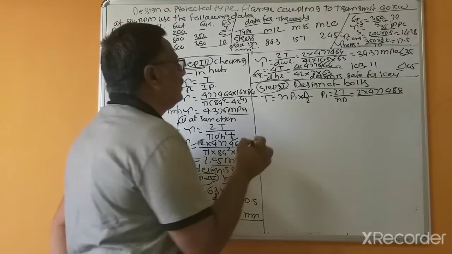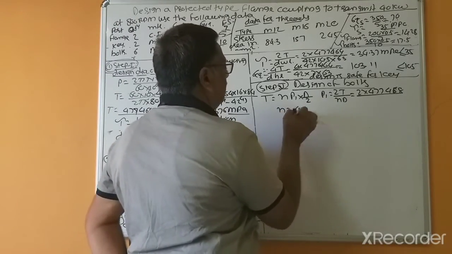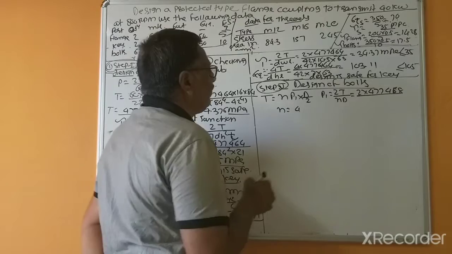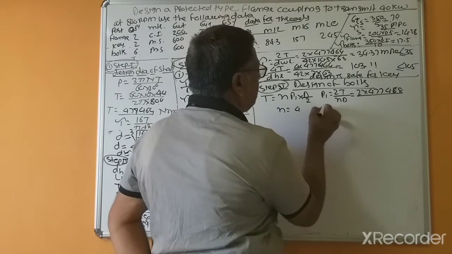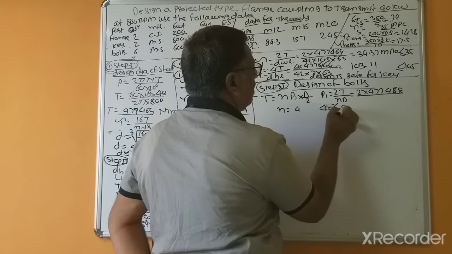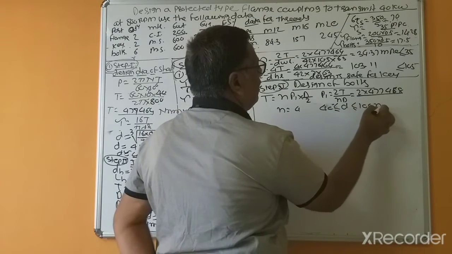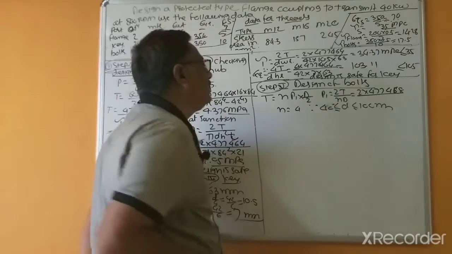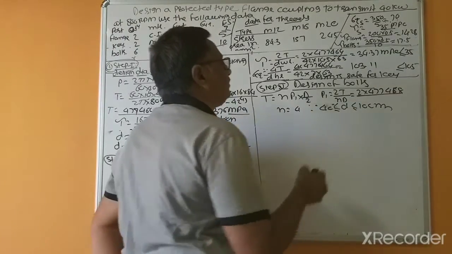N equal to... diameter is 42, N equal to 4, because D is in between 100 mm. So that's why N equal to 4.